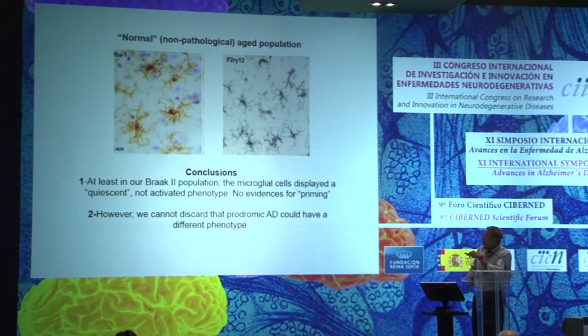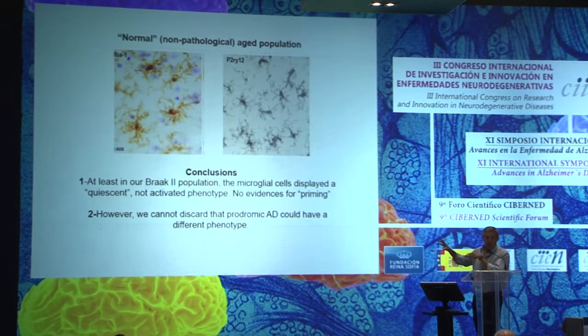Therefore, at least in our cohort, we have never observed such a primed state in the microglial cells. Maybe, we cannot discard, of course, that prodromic Alzheimer's disease could have a different phenotype.